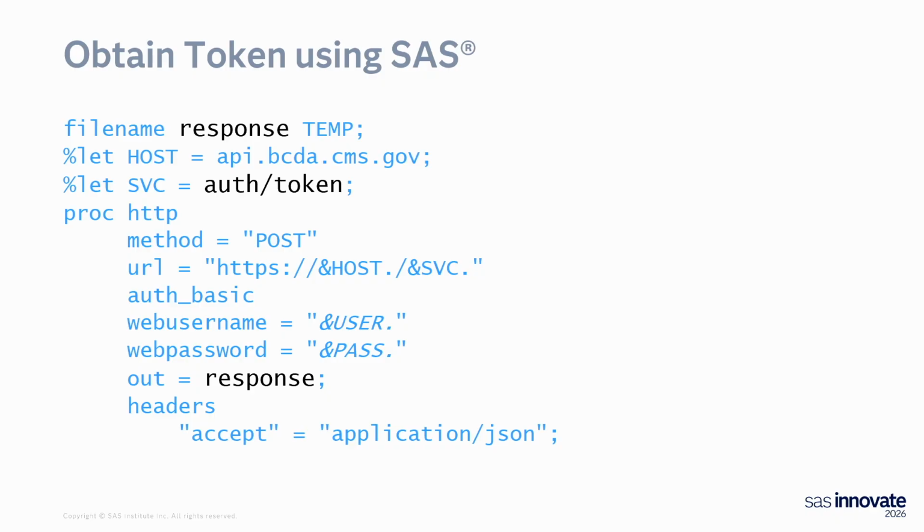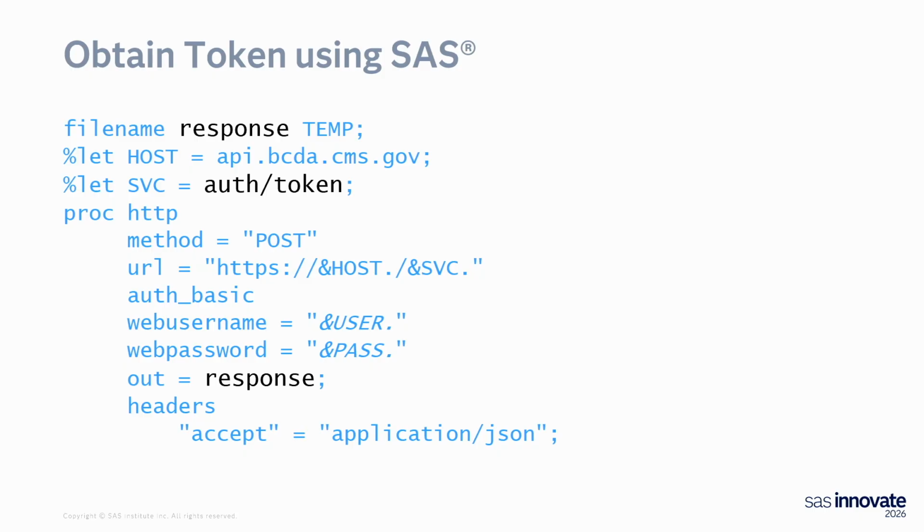And in this case, again, as I said, we use basic authentication. You'll have to trust me that we make the username and password available as macro symbols, not part of this exercise, and that generates the 3-element payload that I showed you on the previous slide.